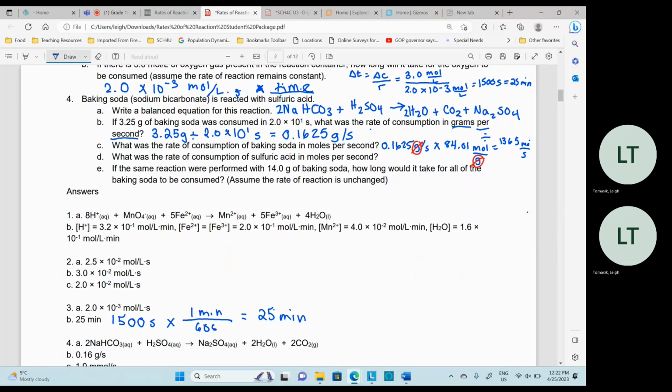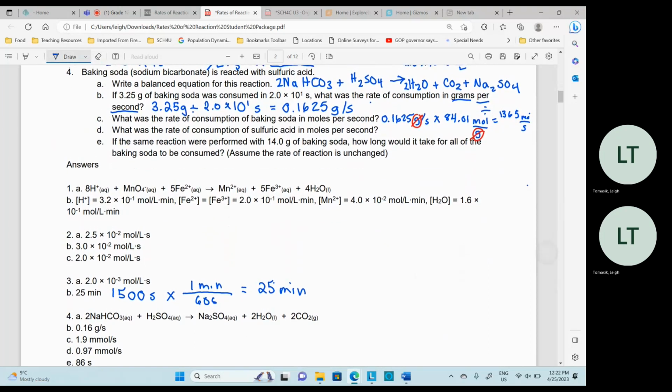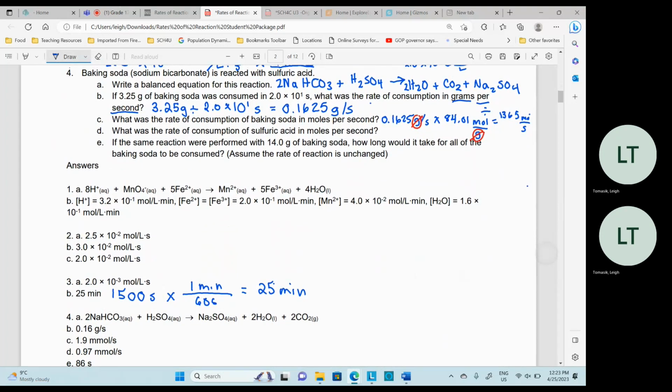Why does it not work? 0.1625 times 84.01. So that should give me 13.65. But it does not. It says 1.9 millimoles.